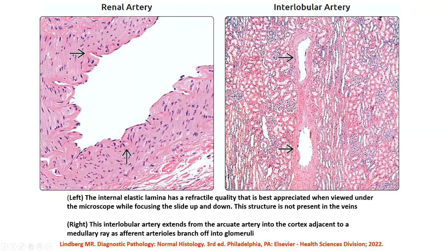You would have a nice internal elastic lamina which can be picked up even with an H&E stain, and by the presence of that internal elastic lamina, you can say that you have got a large artery in the form of the interlobular artery. And here you can see the interlobular artery dissecting through the renal cortical parenchyma, which is surrounded by these rounded conglomerates of the glomeruli with the PCT and the DCT elements adjacent to it. And towards the center, you have this linear extension of the medullary rays which are penetrating into the renal cortex.